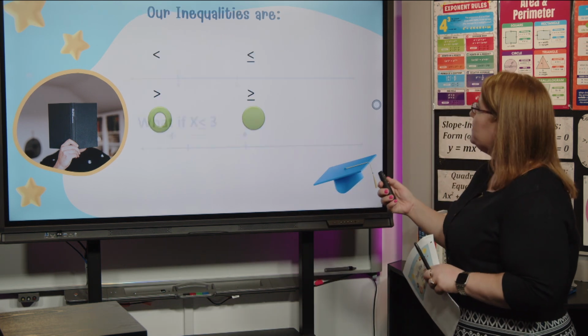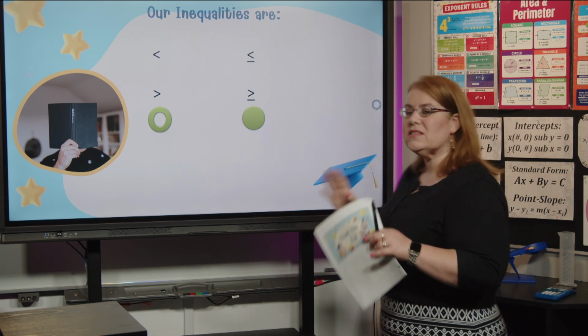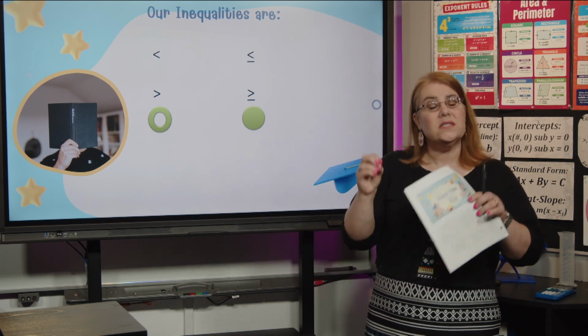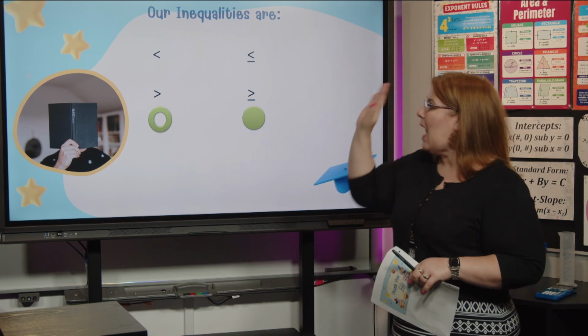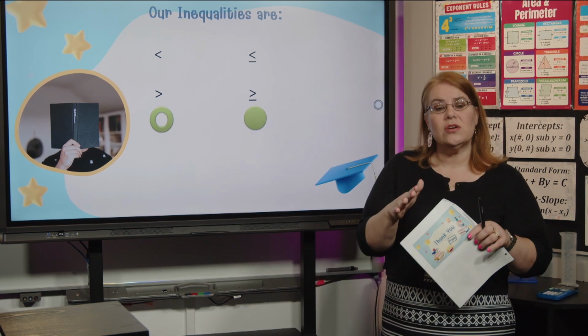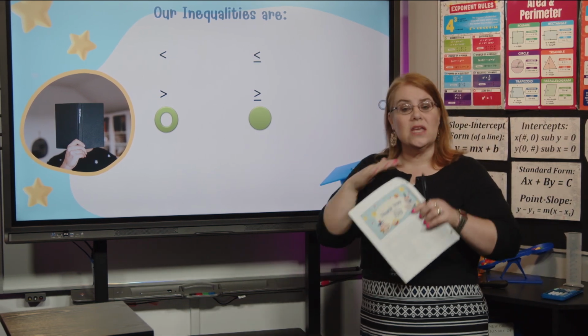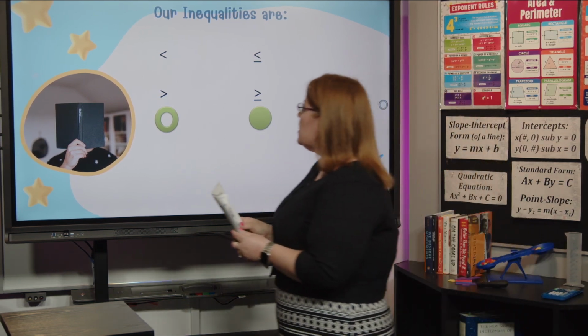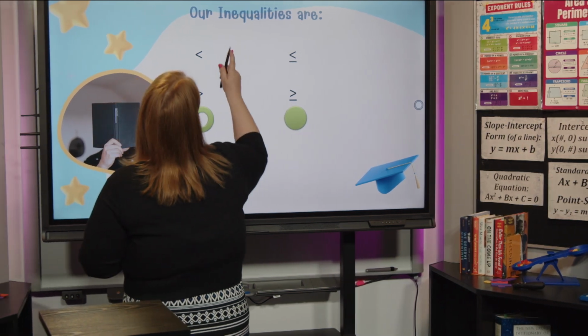All right, so let's look. It says these are our inequalities. Now, on a piece of paper or on your inequalities notes page, let's go ahead and make some notations about these. I'm going to put them up here and make sure that you're writing them down because we are going to use these meanings the whole unit. So here we go. My first inequality is my less than symbol.